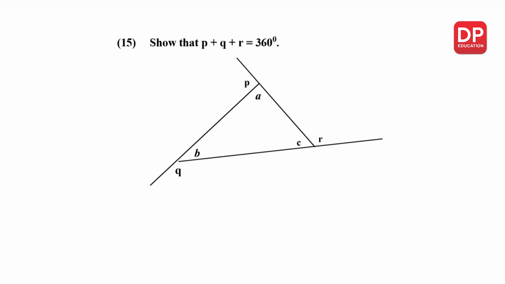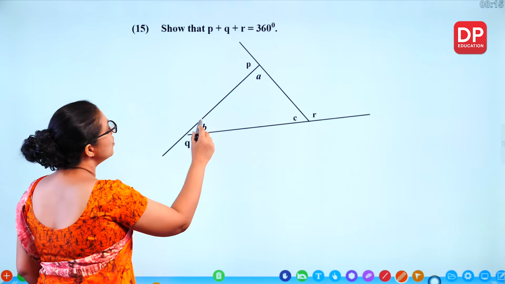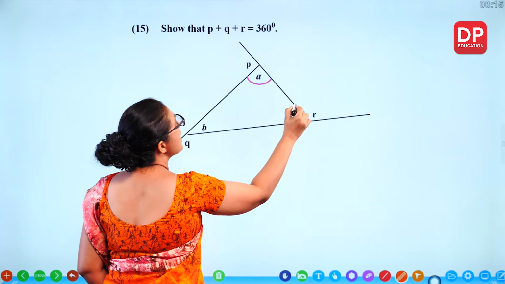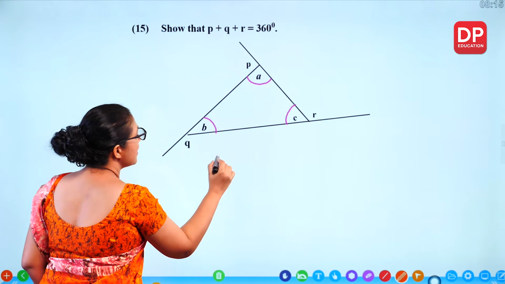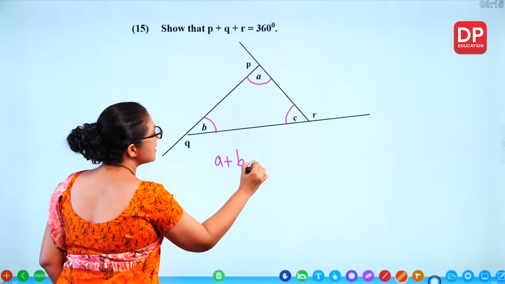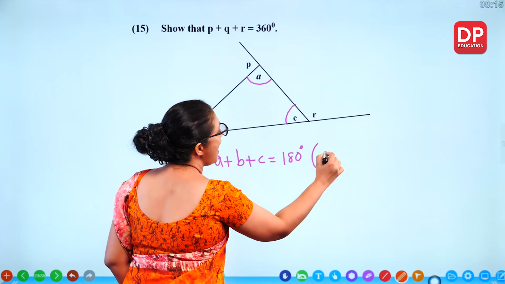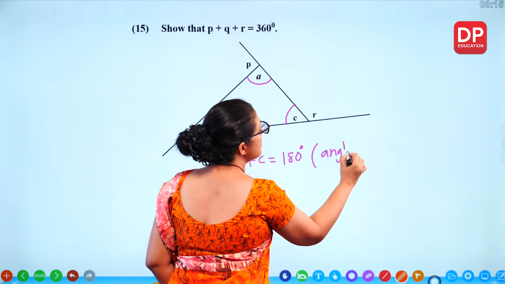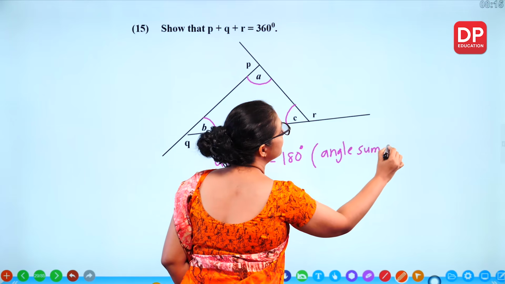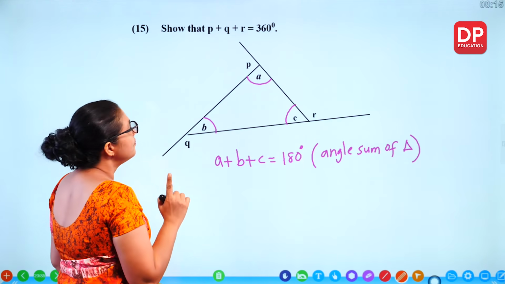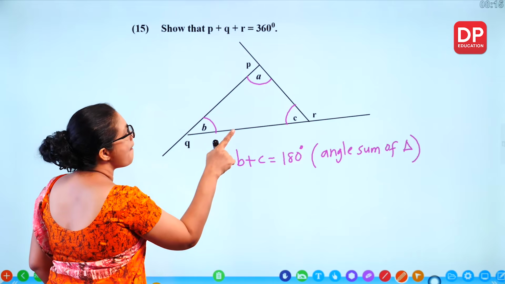Show that P plus Q plus R is 360. So we can do same thing. Now A plus B plus C. We know that that's 180 degrees, angle sum of a triangle. How can you write R?